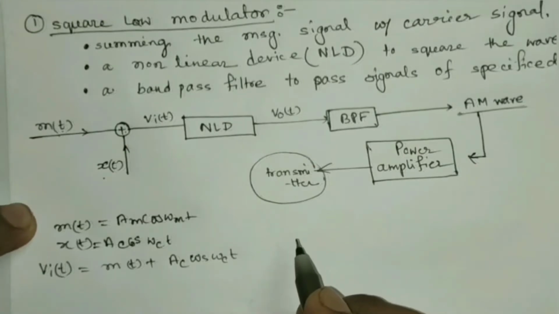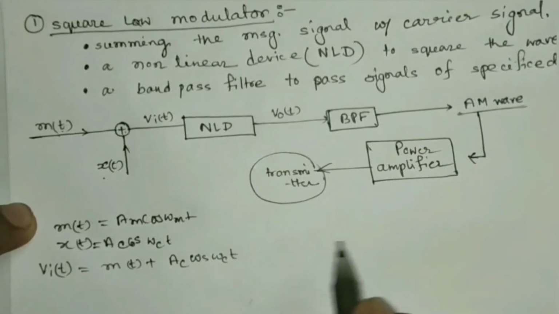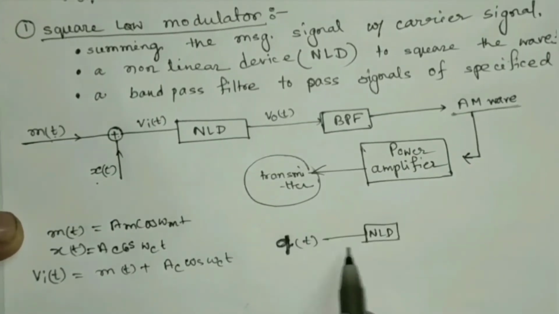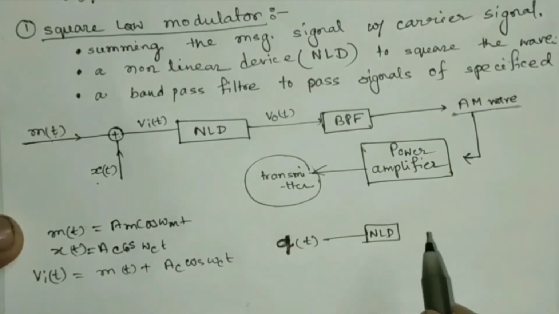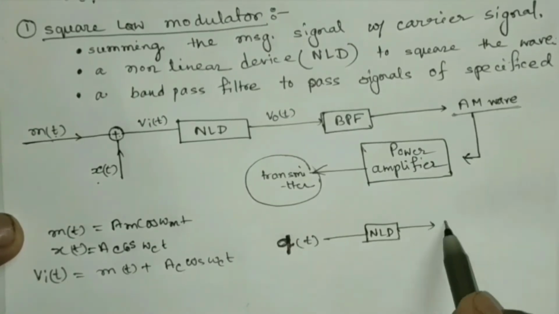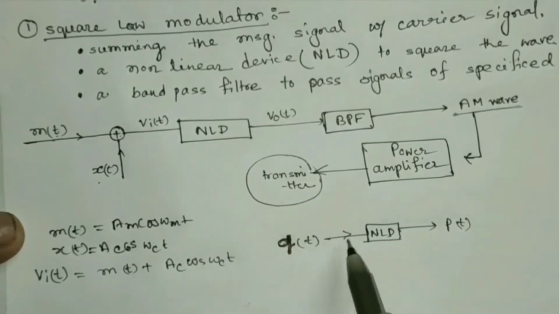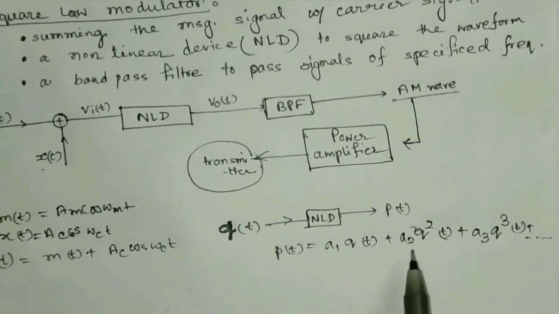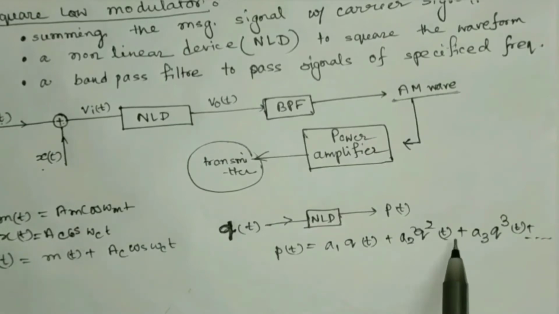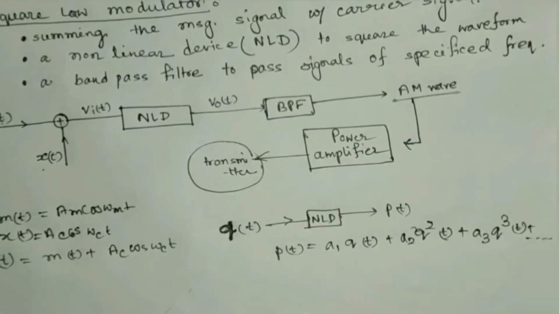Now the general output equation of an NLD is, suppose q(t) signal is sent through an NLD and the output is p(t). So we can write p(t) equals a1 q(t) plus a2 q square t plus a3 q cube t up to n terms.